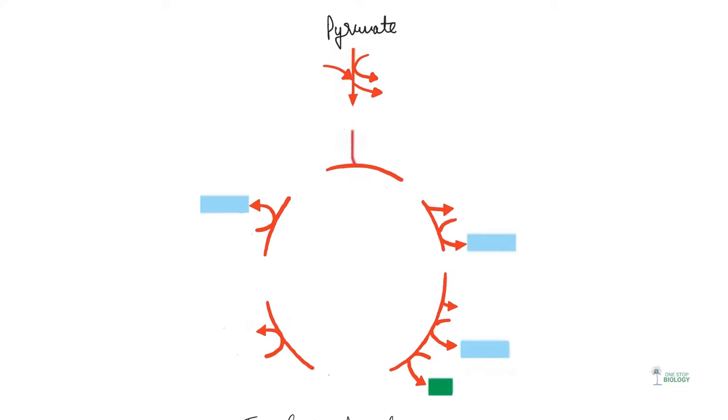This pyruvate is converted into acetyl coenzyme A. Here, coenzyme A is used. Here, carbon dioxide is released, and also energy in the form of NADH plus H plus is released, right?